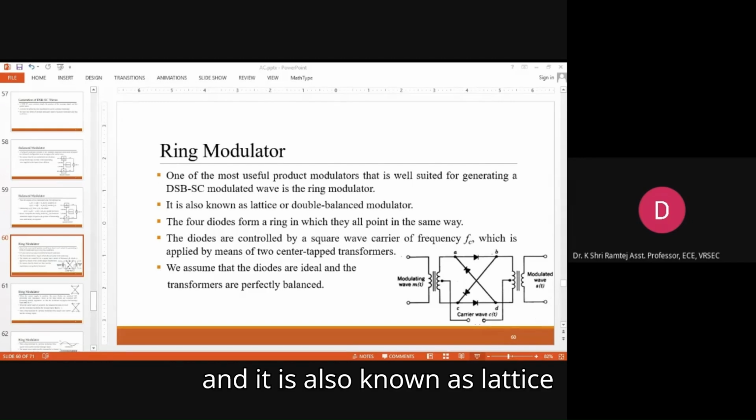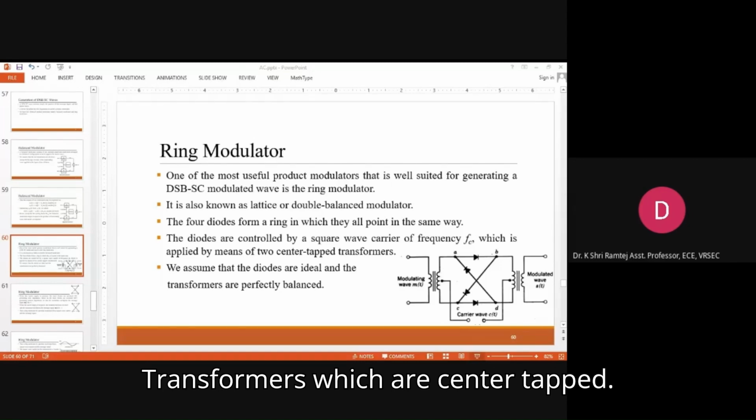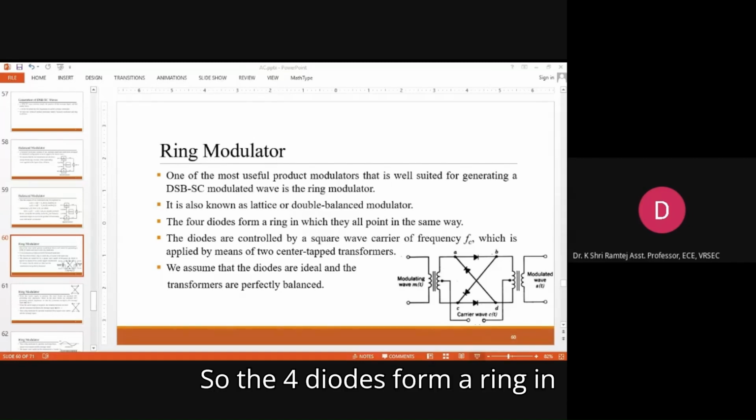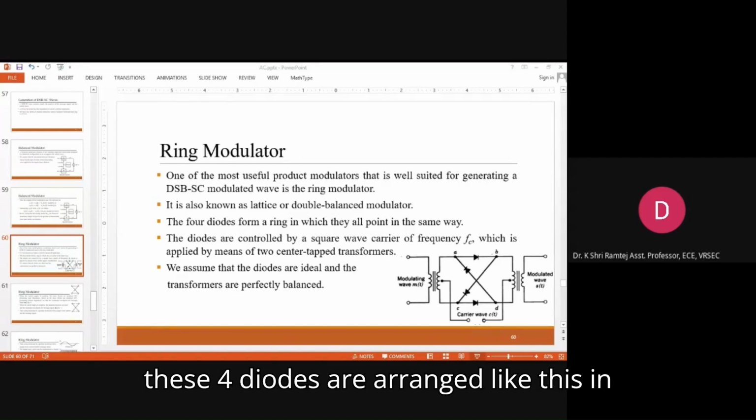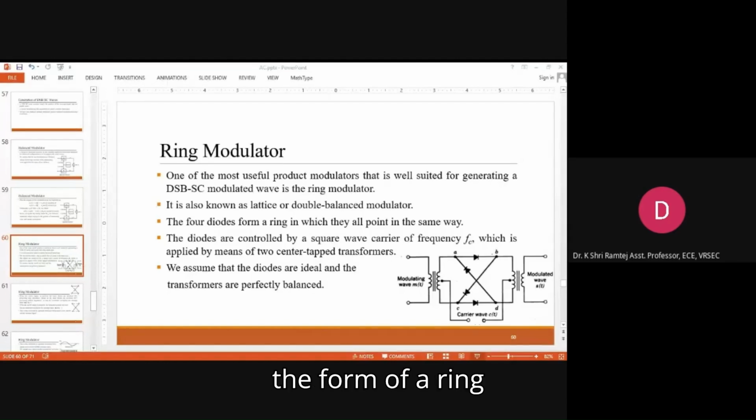It is also known as a lattice or double balanced modulator. This is the circuit for the ring modulator. It consists of 4 diodes and 2 center tapped transformers. The 4 diodes form a ring in which they all point the same way. These 4 diodes are arranged like this in the form of a ring.